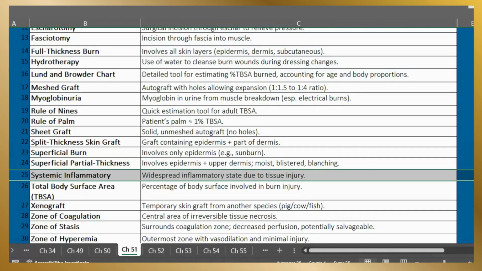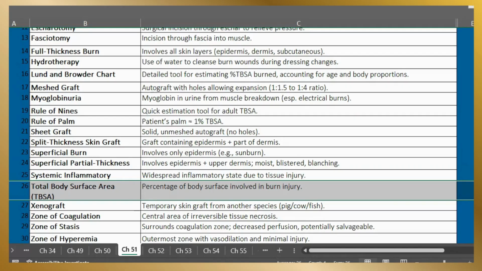Systemic inflammatory response, it's a widespread inflammatory state due to tissue injury, which may progress to sepsis if untreated. Total body surface area (TBSA) is the percentage of body surface involved in burn injury.